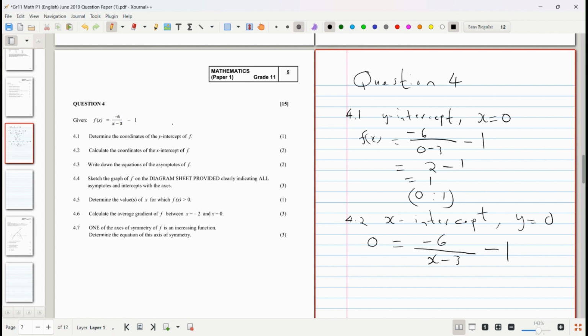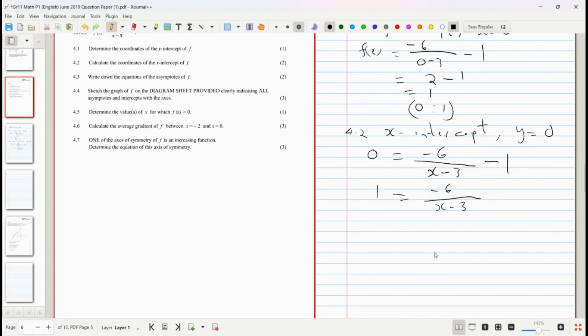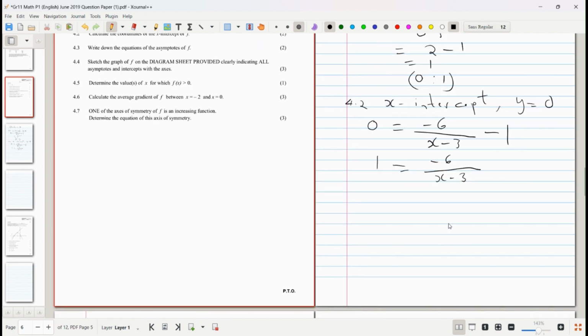We need to bring this minus 1 to the left hand side, such that we have 1 equals negative 6 divided by x minus 3. Here we just need to cross multiply. So x minus 3 is multiplied with 1, and we have x minus 3 equals negative 6.